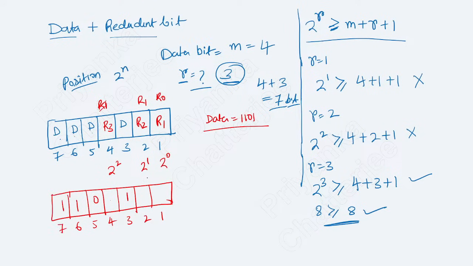So I am using R1, R2 and R3 here. But the problem is that I have to fill the data with 1, 3, 5 and 7. Now check it. Here is 1, here is 1, here is 1. Is it even or odd?